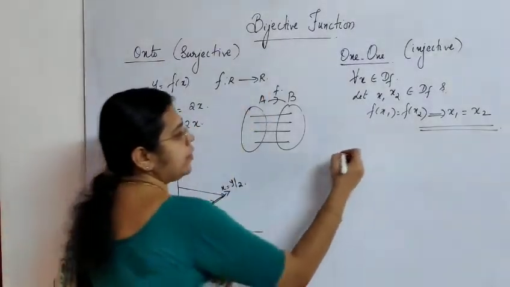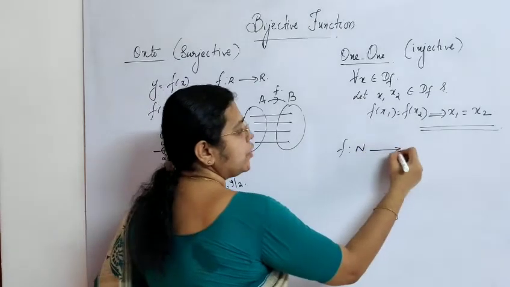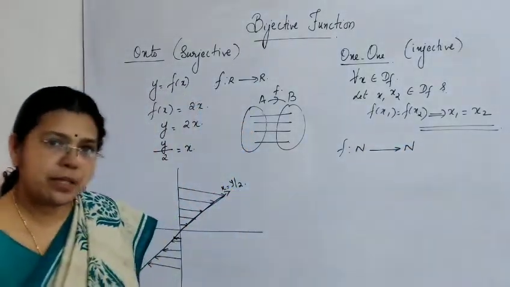Suppose the same function f is defined from N to N, where N is the set of natural numbers.